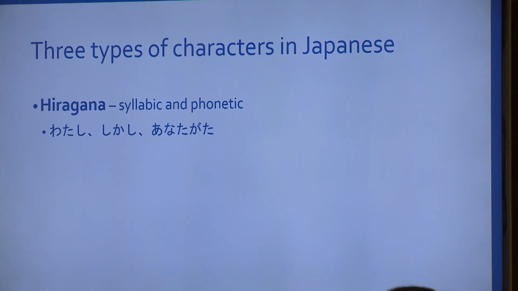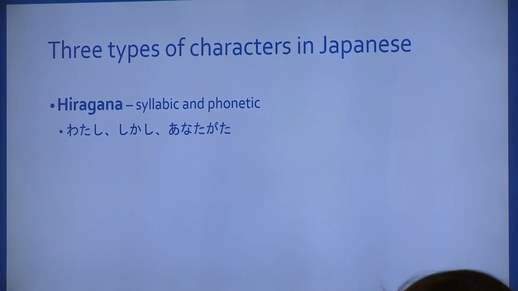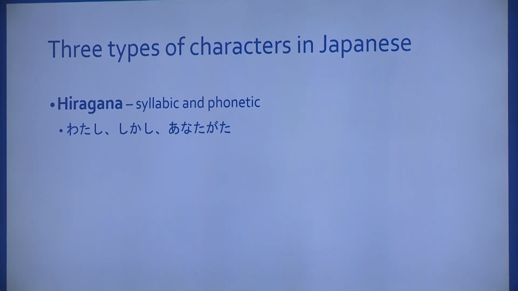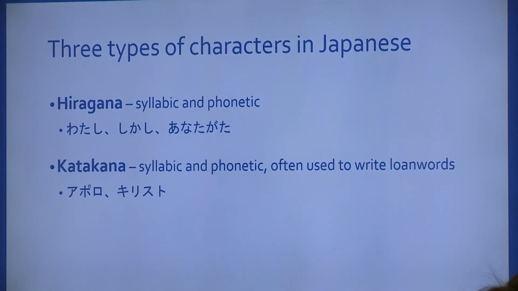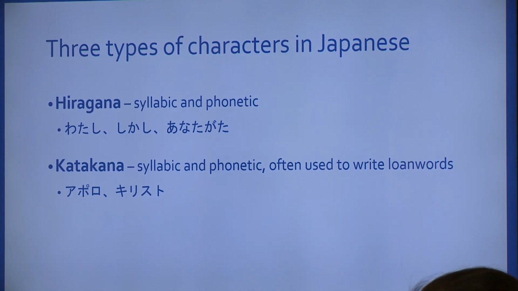You can just read it, like the words watashi, shikashi, anatagata, meaning I, but, and you, plural. And there are characters called katakana. That's syllabic and phonetic also, and often used for loan words, words that came from a foreign language, like table, or orange, or Apollo's name, and Christ.